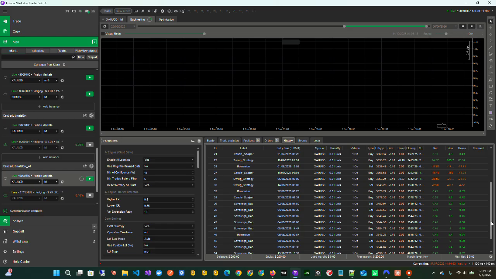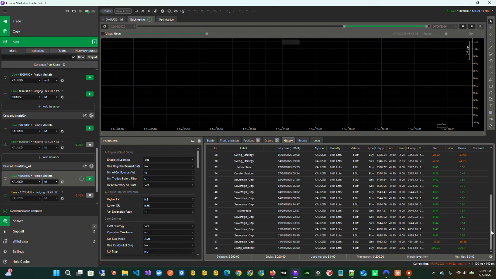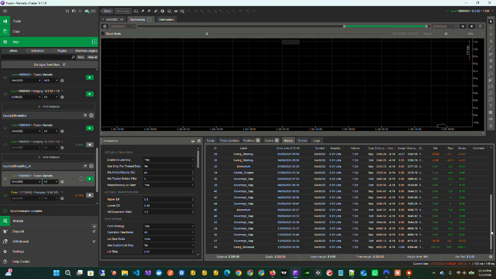For example, you can see that this is candle scalper. Then we have the sovereign gap, which is the FVG strategy. These are the results and all that. So at the end of the day, when the back test is completed, we should be able to review the result and see how it goes.